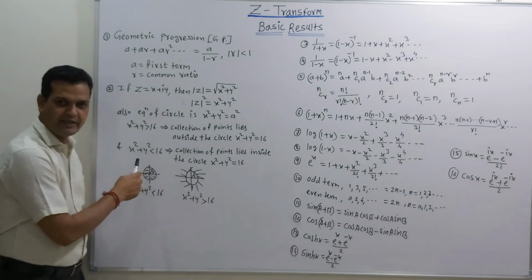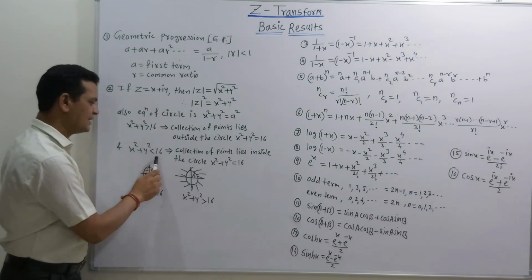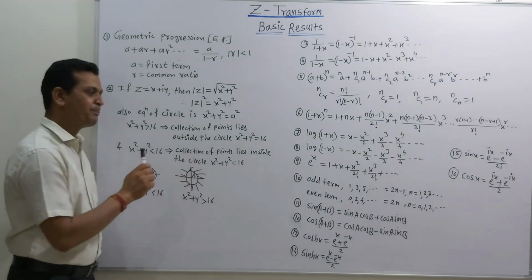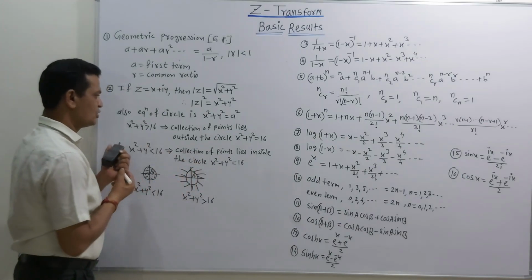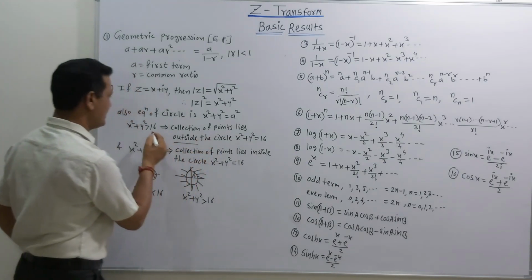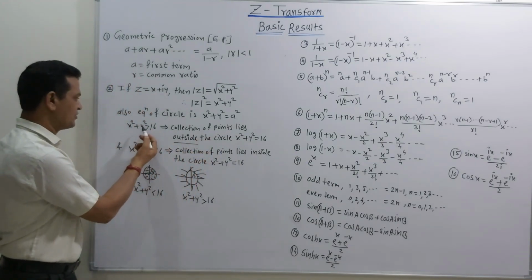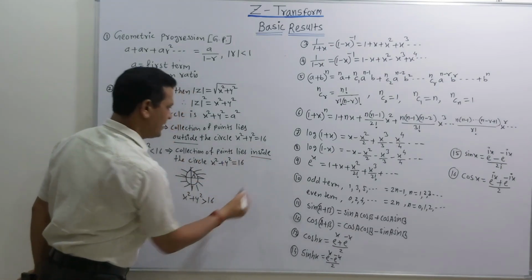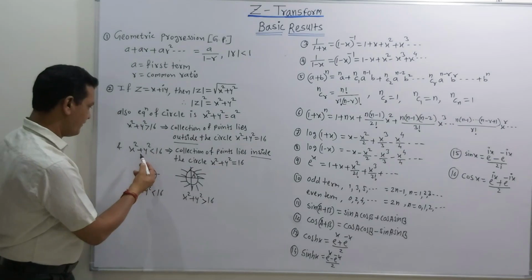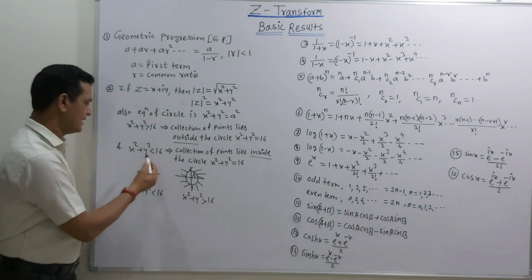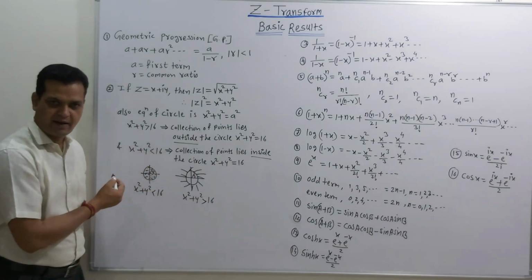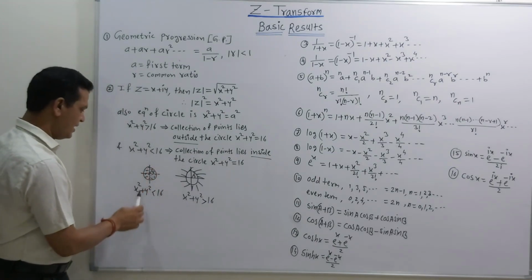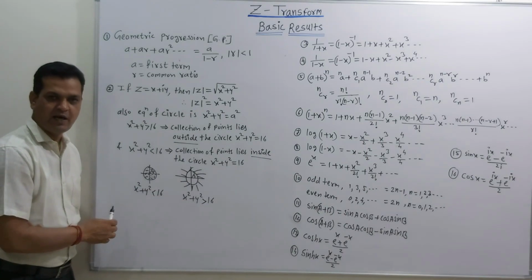Similarly, if we write x square plus y square is less than 16, then this is the collection of points lying inside the circle. These words are important: a point lies outside when the value of x square plus y square is greater than the radius square, and lies inside when it is less. This is the diagram related to the equation x square plus y square is less than 16.